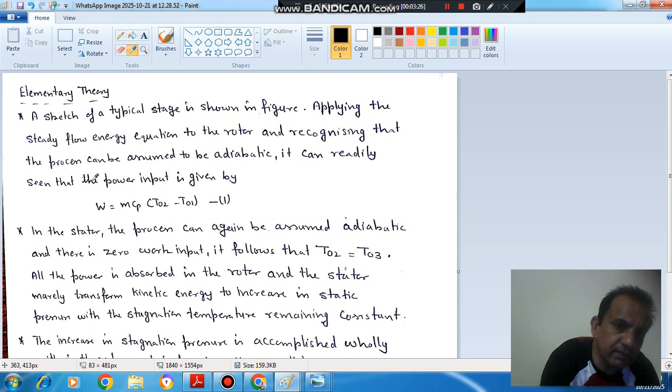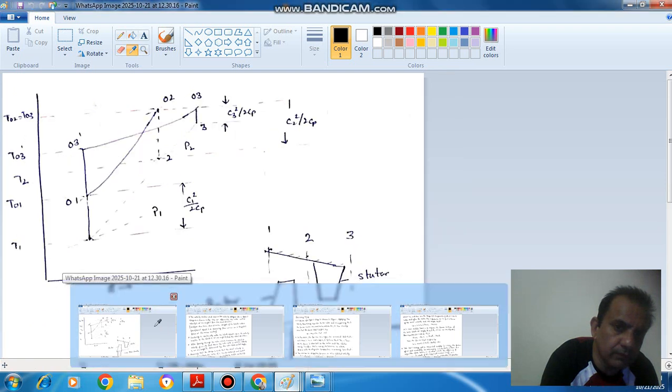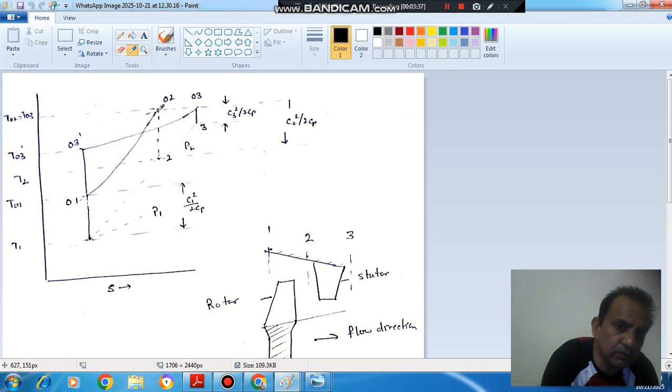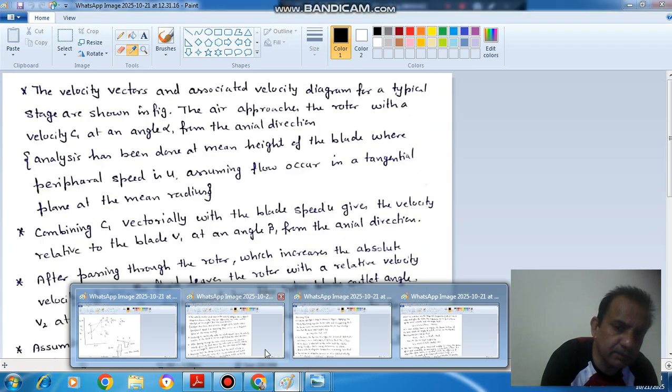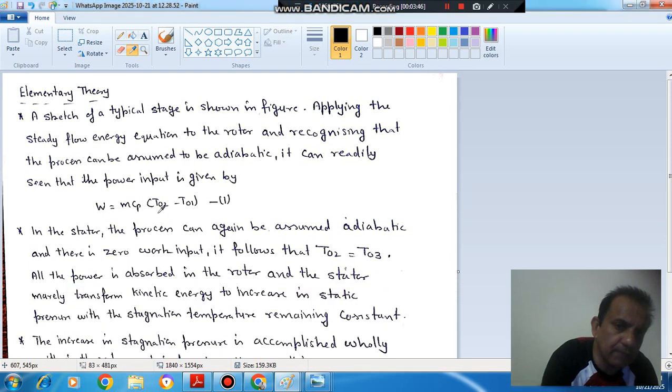It can be readily seen that the power input is given by, so here we can see that the final stagnation temperature is your T02 and initial stagnation temperature is T01. So the power or the work done per second is your m Cp (T02 minus T01). m is mass flow rate.